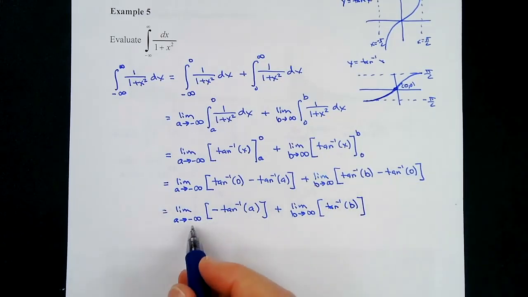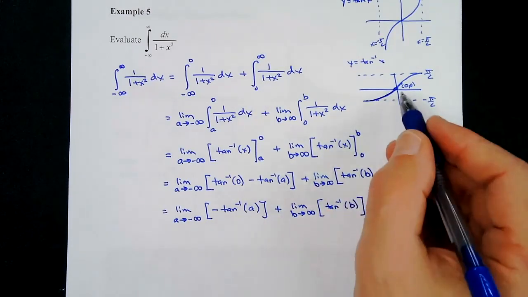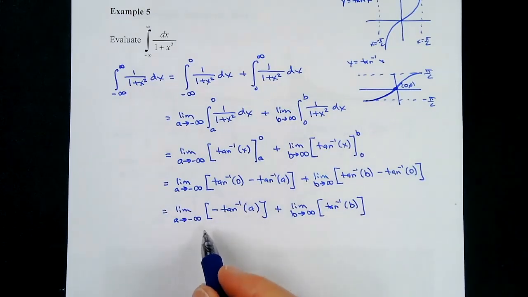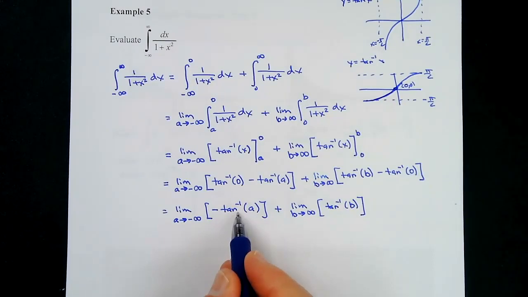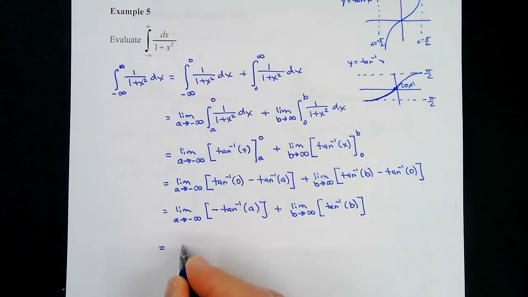And so as a goes to negative infinity, tan inverse of a is going to get closer and closer to negative pi over 2. But we have a negative out here, so we're going to have negative of negative pi over 2.